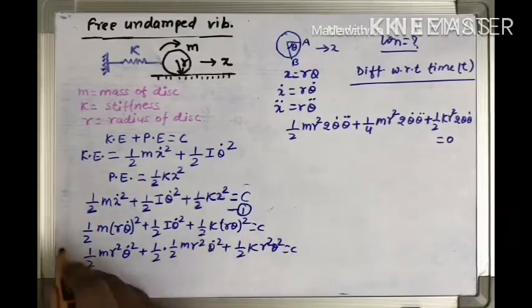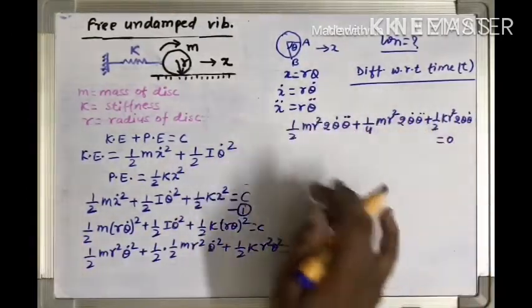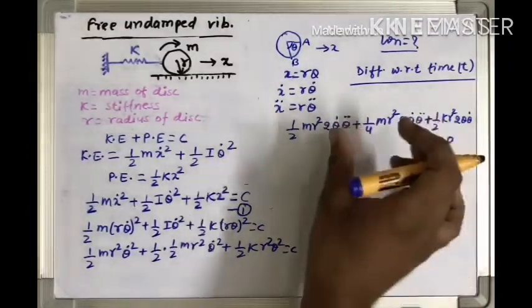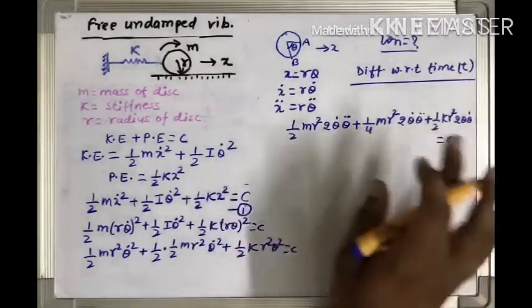So this is the differentiation of the total energy, that is the sum of kinetic energy and potential energy, with respect to time.